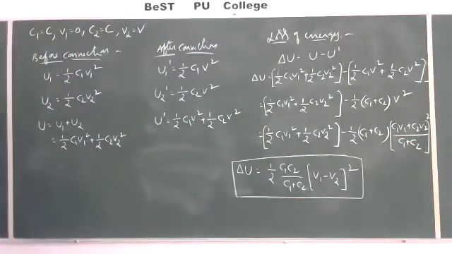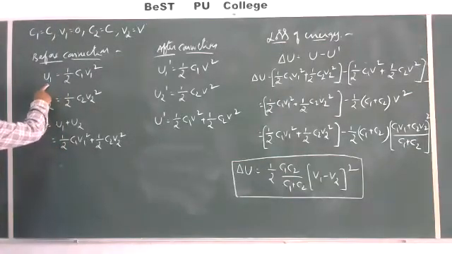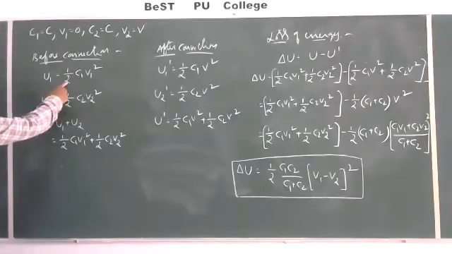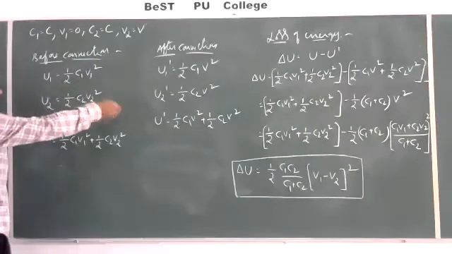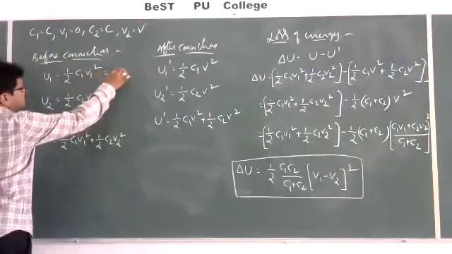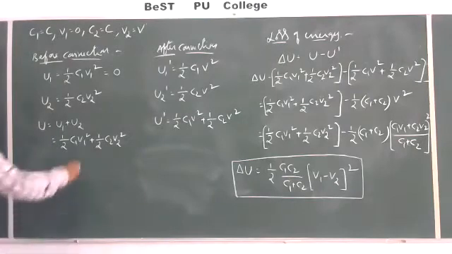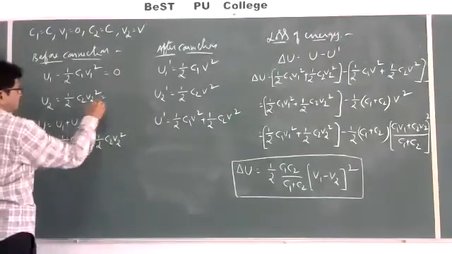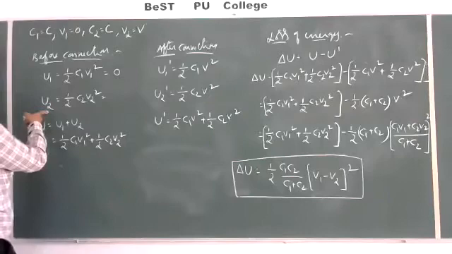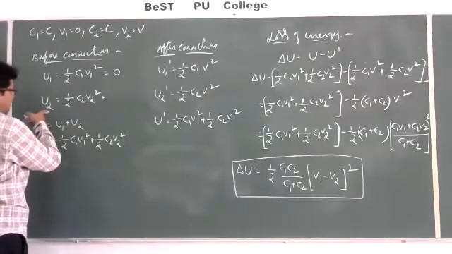Before connection, what is the energy stored in the first capacitor? Half C1 V1 square, where V1 is equal to 0, so the energy stored will be 0. Then before connection, what is the energy stored in the second capacitor?